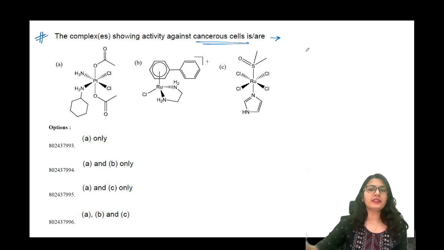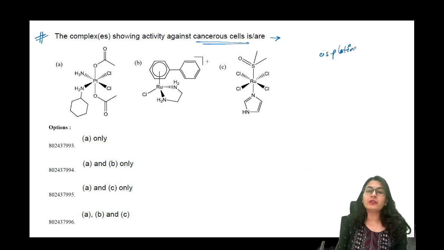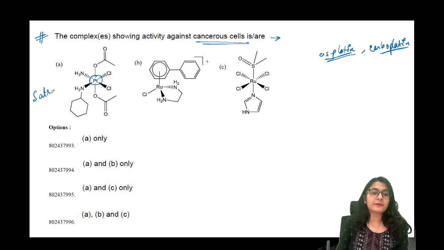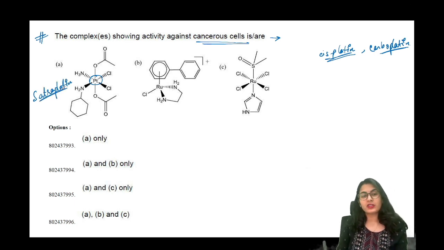If you know the answer, you will be able to figure it out quickly. You usually see cisplatin when we talk about cancer treatment. Then there is a modification also known as carboplatin. That is also fine, you must have heard of it. What is this? This is satraplatin, and this has been directly given in your Shriver and Atkins book. It has platinum in an octahedral coordination sphere.